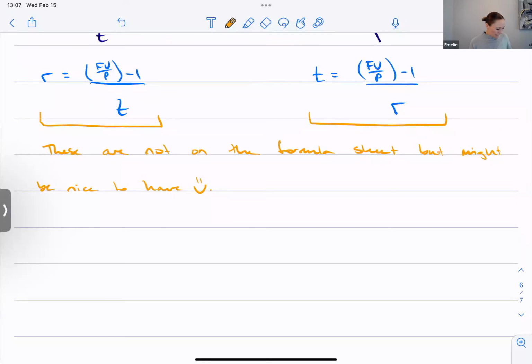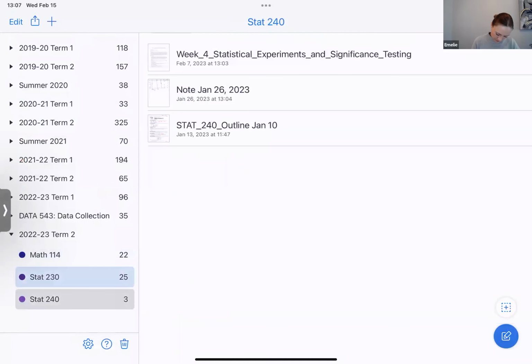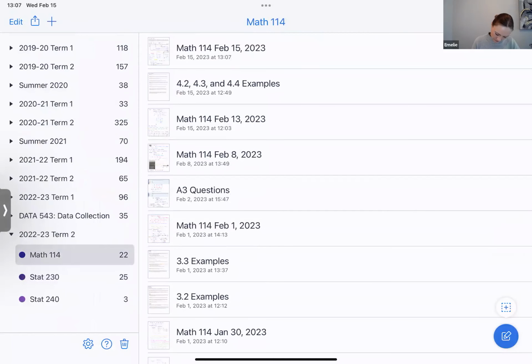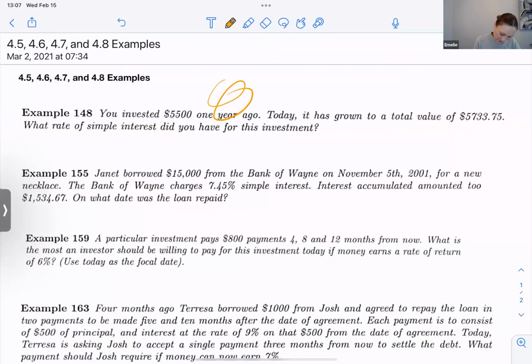I had something, but I think I'm going to skip that one. Let's just go straight to an example. Down here. Bump it to the top.